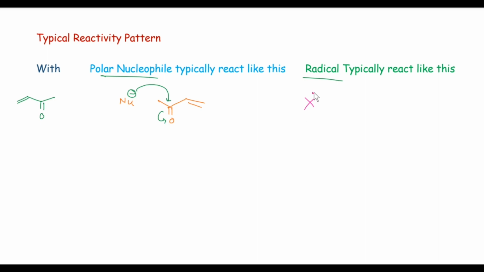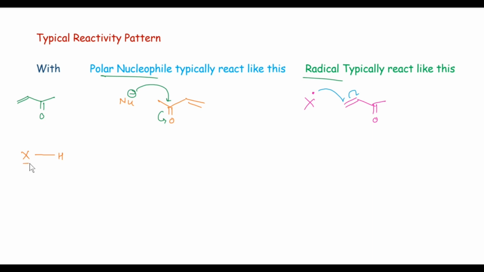Radical reacts with alpha beta unsaturated carbonyl compound like that. The polar nucleophile or radical reacts with this carbon hydrogen bond.